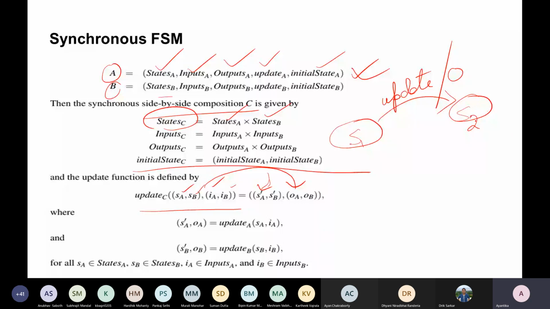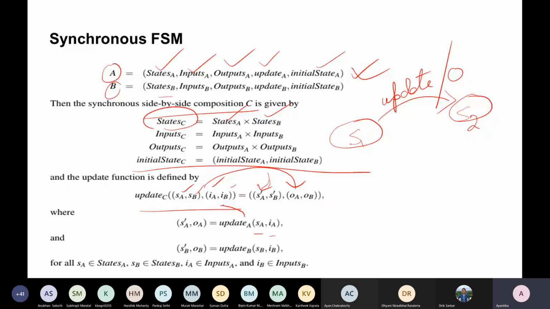Where in case of synchronous FSM side-by-side composition, we are updating both based on some state A and input A, and some update condition, that is the transition condition.